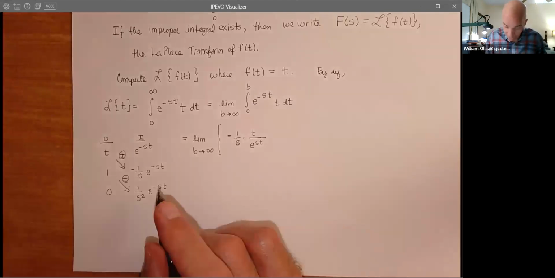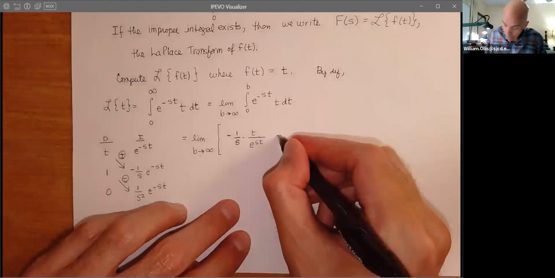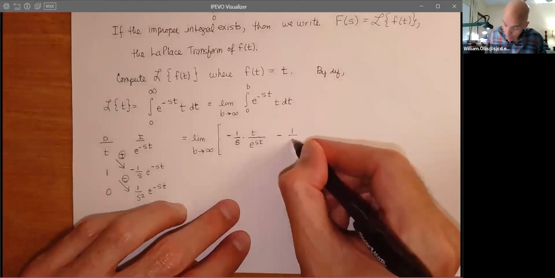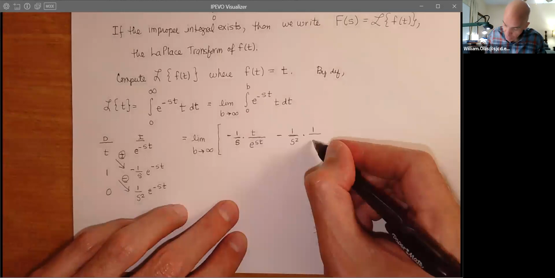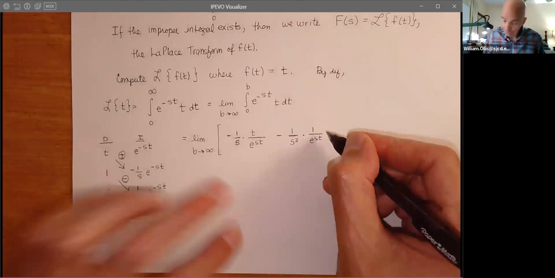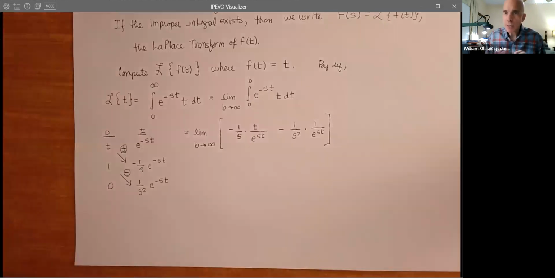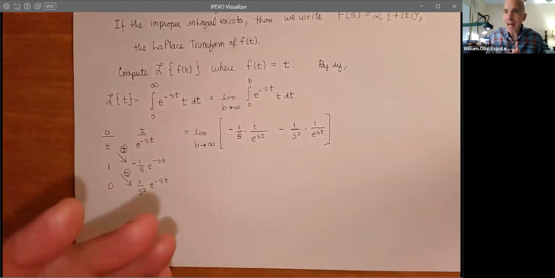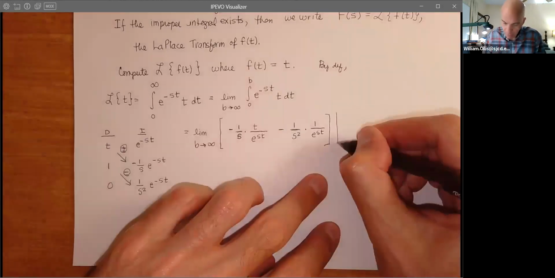And then here we have, again, another minus. So minus 1 over s squared. And then, of course, we'll just take this downstairs so we can easily see what the limit is. Okay? So sometimes, like when we're doing our analysis, we retire negative powers so we can see how things may become arbitrarily large and give us an easier way of identifying convergence or divergence. And so then, of course, we have 0 to b.